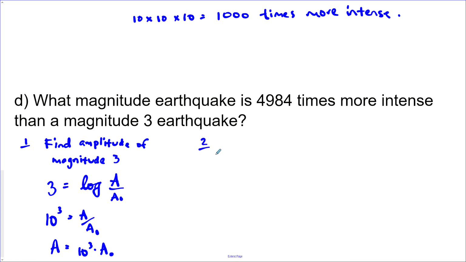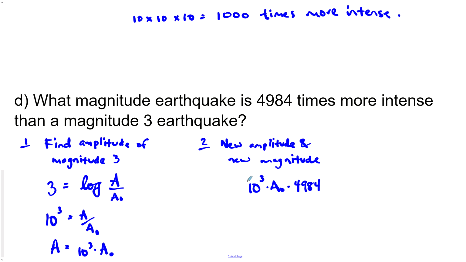Next, we need the new amplitude and new magnitude. So to find the new amplitude, we just need this amplitude and multiply by this. So that would be 10 to the power of 3 times A naught times 4,984. The new magnitude, then we'll say, is M new, and that is going to be equal to the log of all of this new amplitude divided by A naught.